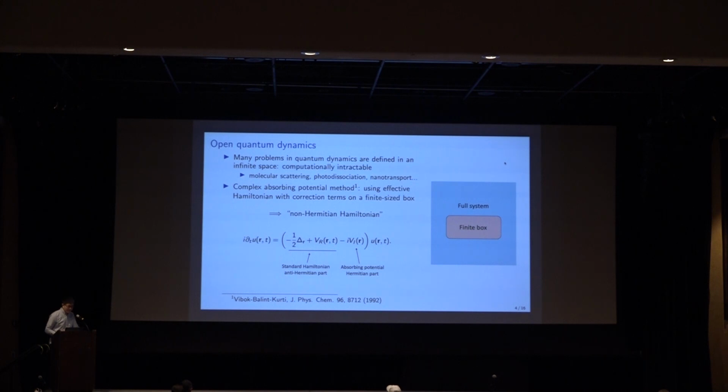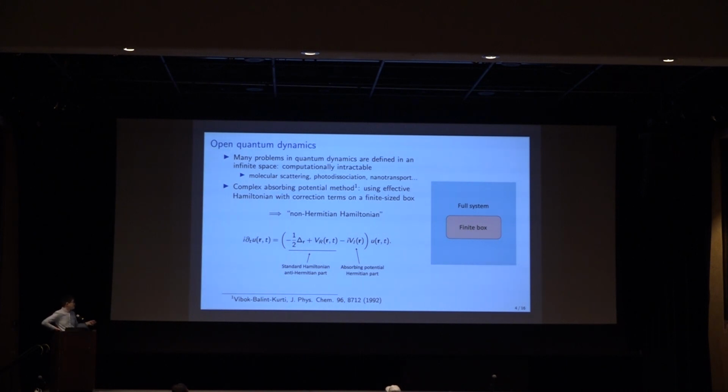If we do that, we must have some correction on my Hamiltonian due to the outside part of my system. In the complex absorbing potential method, they use a so-called absorbing potential to reflect the influence of the part of your full system outside that box.